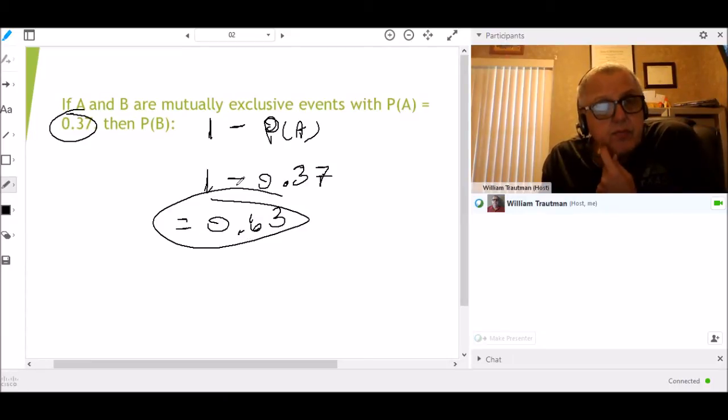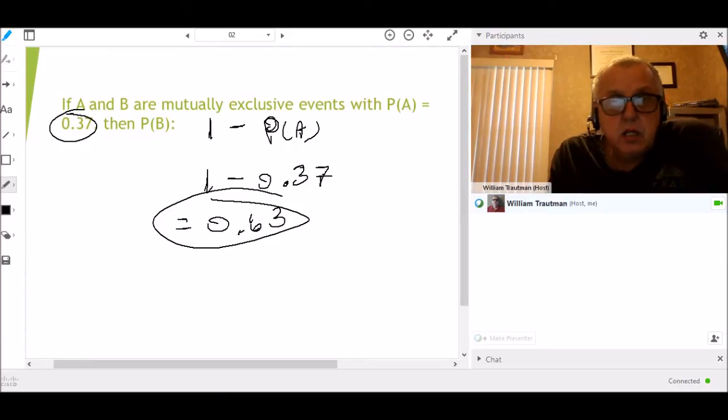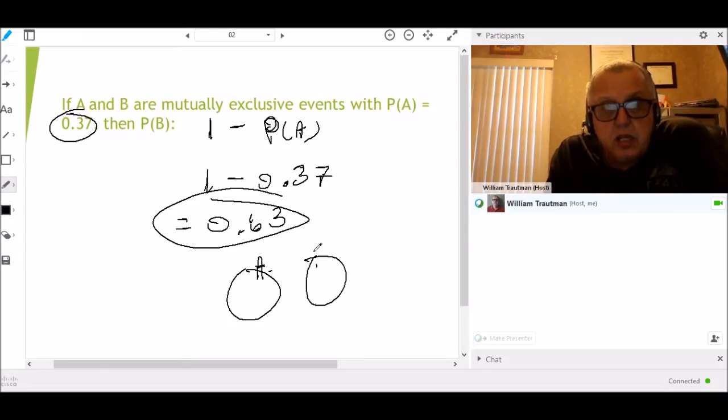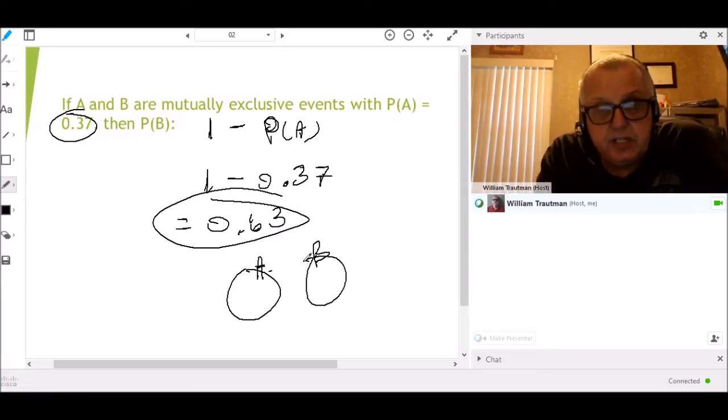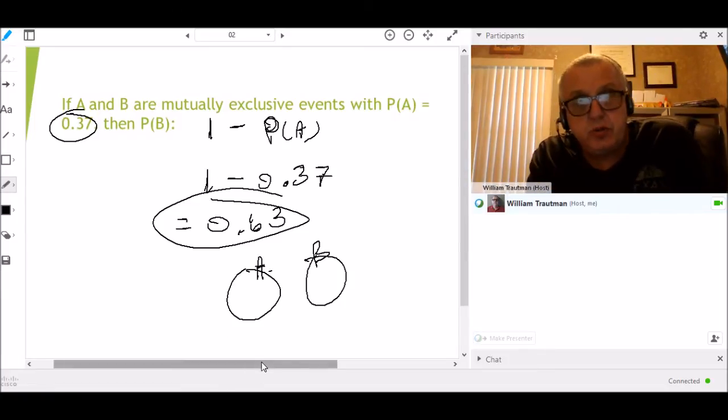Okay. Mutually exclusive means you have two sets, A and B, and they have nothing in common. There is nothing that overlaps each set, nothing that's in both.